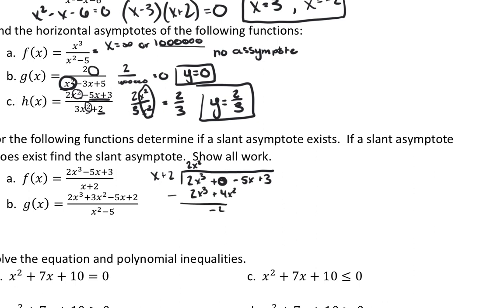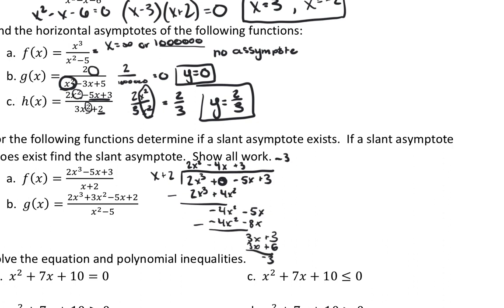We're going to subtract that and bring this down. Then this is going to be negative 4x. Subtract that and get 3x plus 3, plus 6.